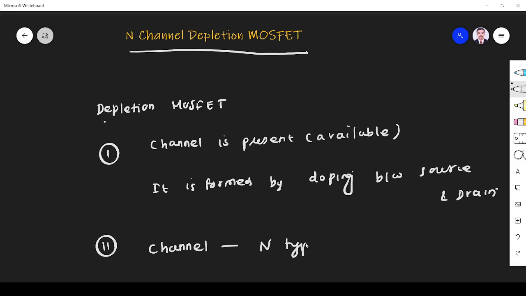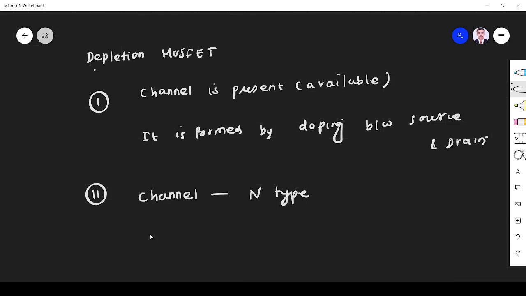The current flow in the channel is due to the electrons. That's why it is called an N type channel.